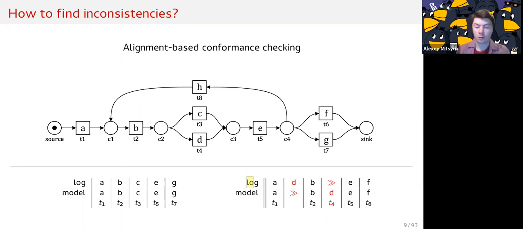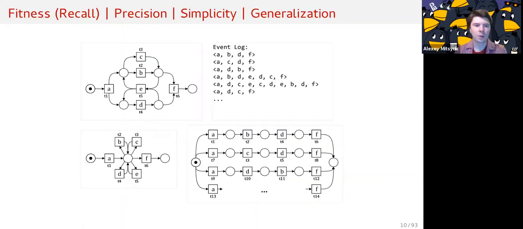We can of course count these skips for all traces in the log, and then calculate a numerical metric which will show the degree to which a particular model conforms to a particular event log.